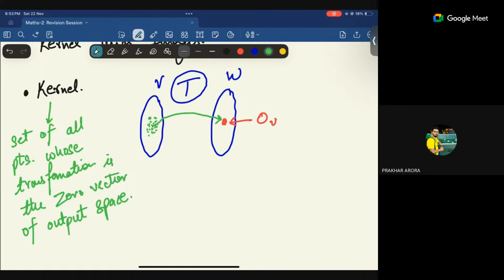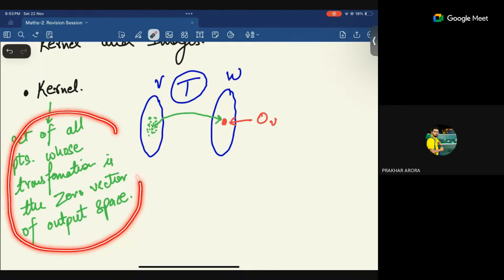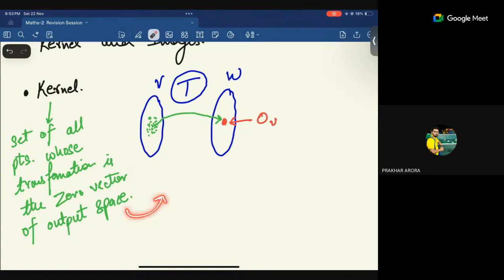Understood this thing? First understand this, and then try to remember that I talked about this somewhere in this discussion. Try to remember where this part was. Null space.